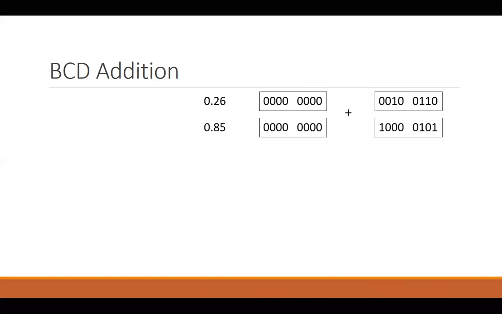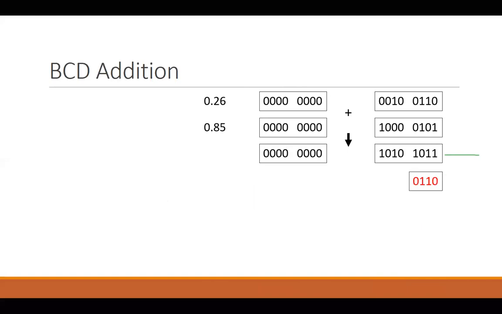I'm going to write all those values again. And this is the answer. This right here is the answer that I had in my previous slide. What I'm going to do is add a special nibble, a special group of 4 bits, which I'm going to call the check nibble or the correction nibble, to the first nibble of my answer.